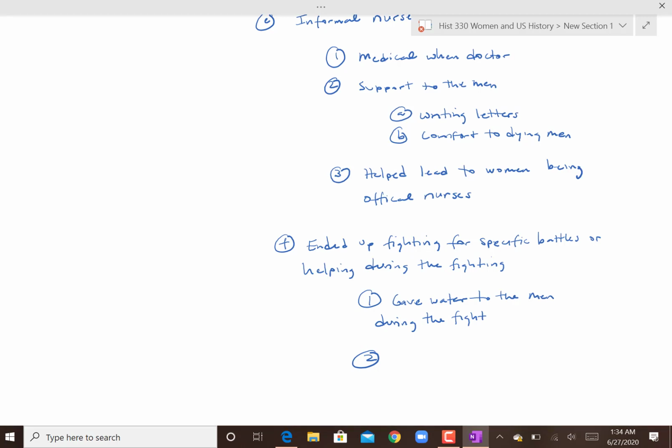You had to rip open the powder, they had some in paper, they had some in tin little powder cans. And you had to put the powder into the gun. You had to then put the musket ball. Then you had to tamp it down. Then you had to have the wick, and you had to light the wick to fire. So it was this process, and they'd line up, and you'd have rows.